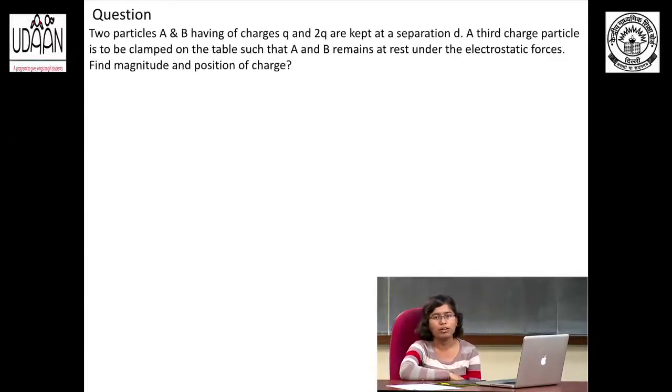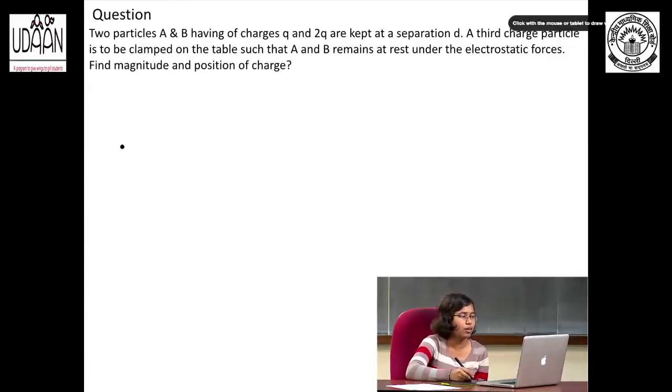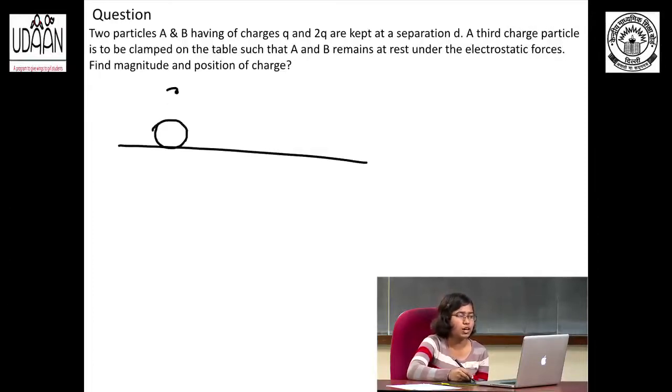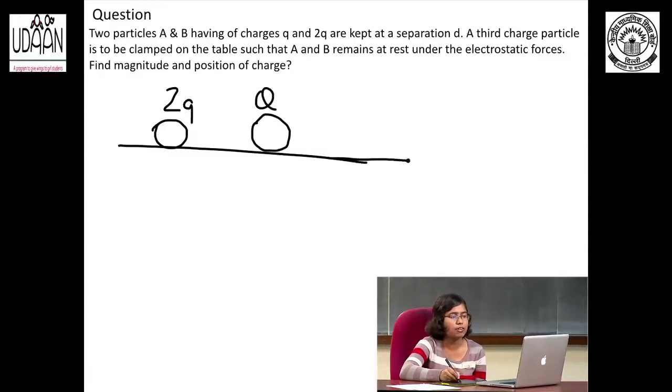Let us find the magnitude and the position of that charge. Suppose we have the charge 2Q kept at the starting, then the charge of whose magnitude and position we have to find, and finally the charge Q. Since A and B have to be at rest, the charge on C must be negative.